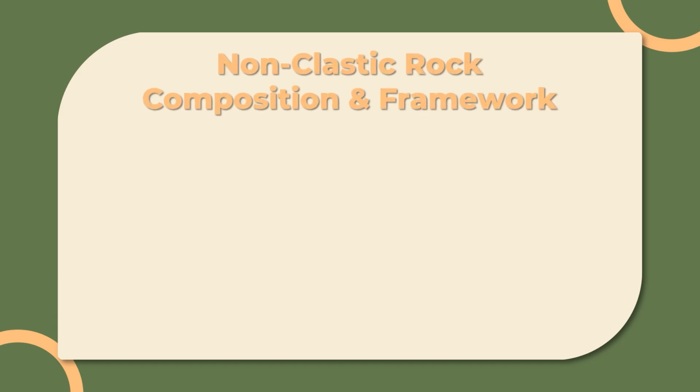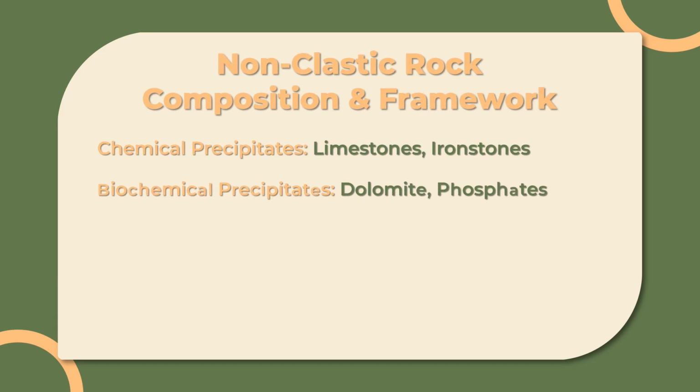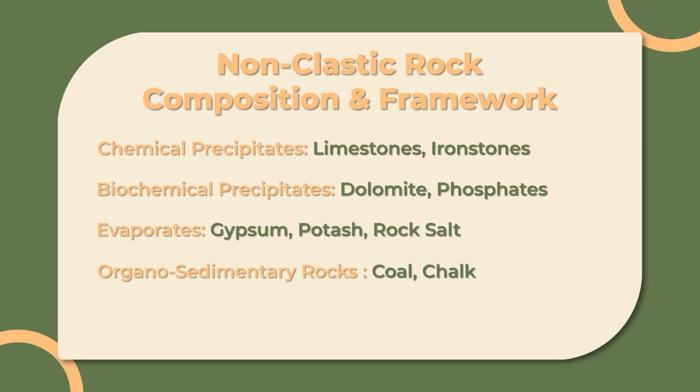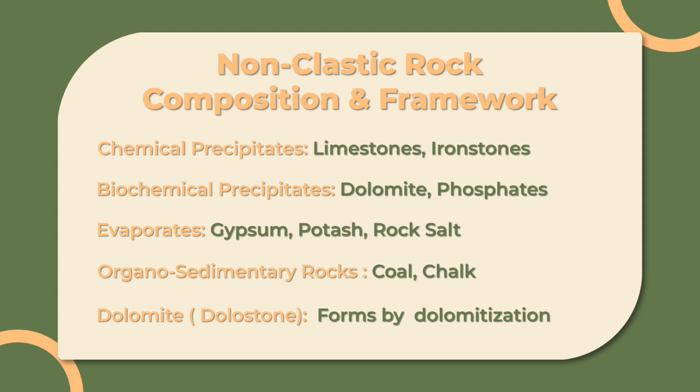Non-clastic rocks, the composition is chemical precipitates: limestone, ironstone; biochemical precipitates: dolomite, phosphates; evaporites: gypsum, potash, rock salt. Organosedimentary rocks are coal, chalk. Non-clastic dolomite rocks are dolomite, also called dolostone, formed by the process called dolomitization.